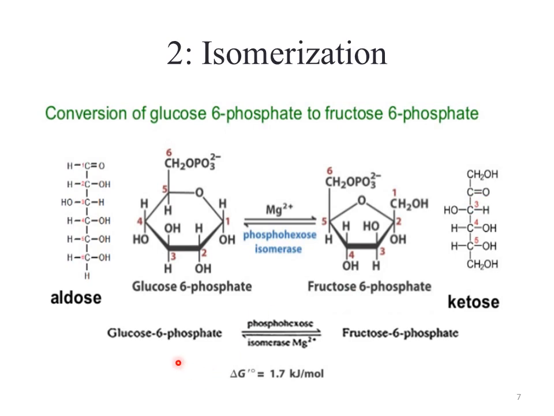This whole isomerization process occurs in the presence of the phosphohexose isomerase enzyme, and magnesium ion is also utilized. So glucose 6 phosphate gets isomerized into fructose 6 phosphate. In the first step energy is utilized, because I told you 1 ATP is utilized, but in this process 1.7 kilojoules per mole of energy is utilized.